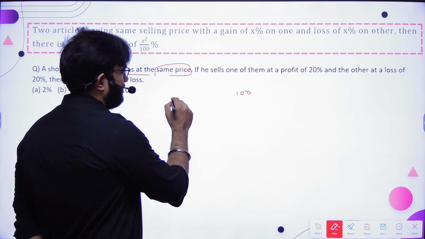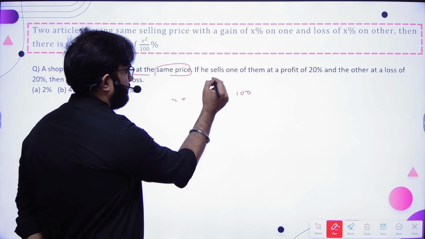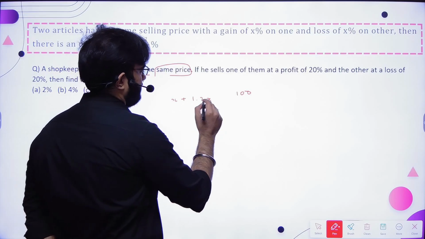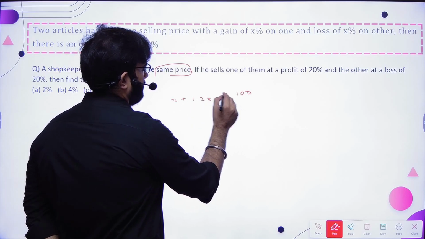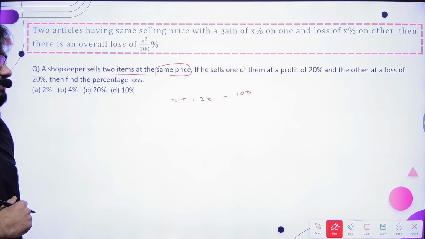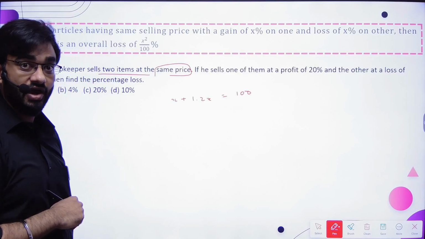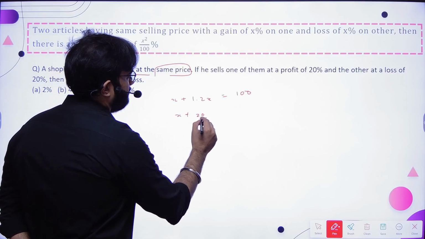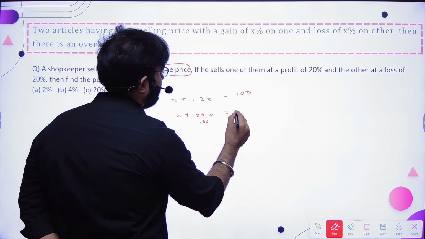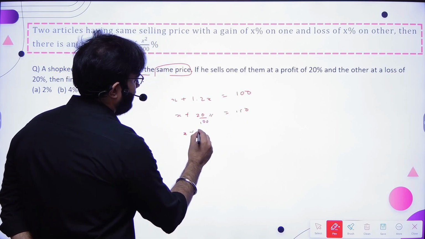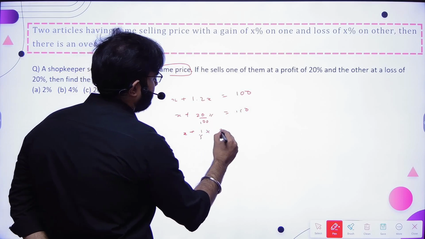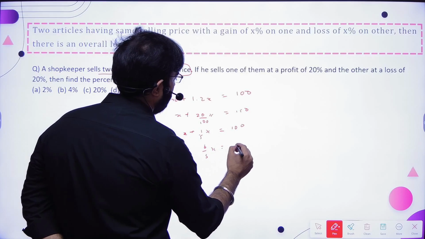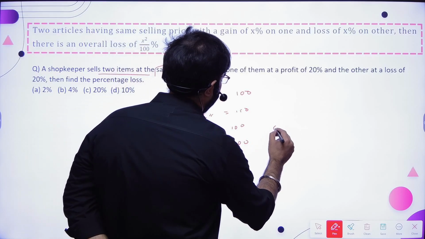So we can say x plus 1.2x is equal to 100. How did I get to this? x plus 20% of x is equal to 100. x plus 1 by 5 x is equal to 100. 6 by 5 x is equal to 100.